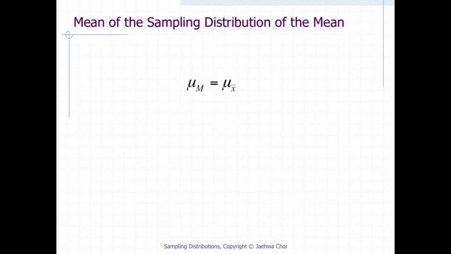The symbol mu sub m, or mu sub x bar, is used to refer to the mean of the sampling distribution of the mean. Therefore, the formula for the mean of the sampling distribution of the mean can be written as mu sub m equals mu.